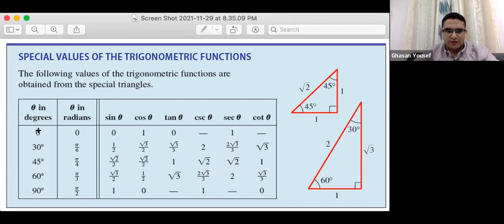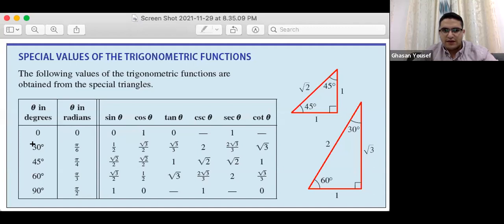To convert from degrees to radians, we have to multiply the degree by pi over 180. So 0 in degrees, when converted to radians, stays 0.